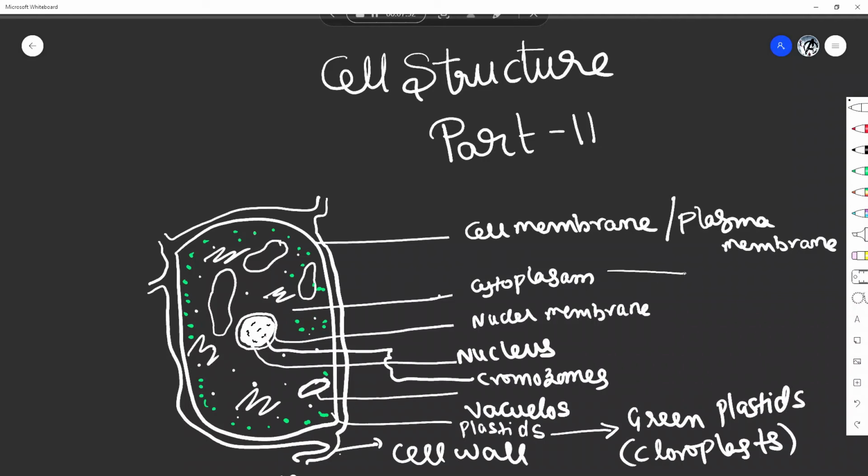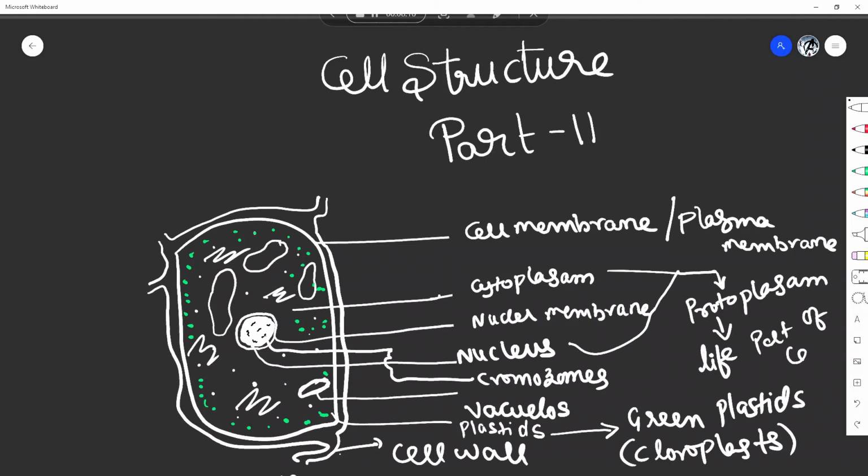And one more point is, cytoplasm and nucleus altogether is called protoplasm. Okay, cytoplasm plus nucleus is called protoplasm. This is the life part of the cell.